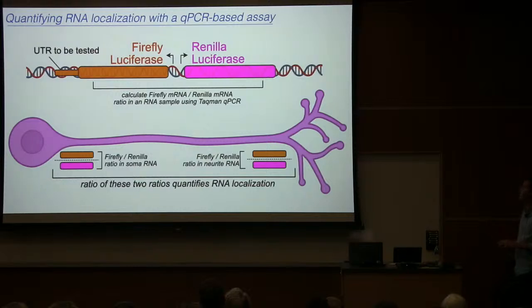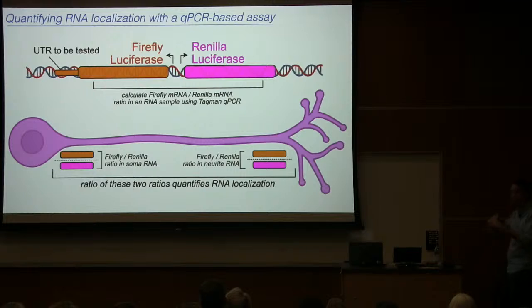So this is how we are assaying RNA localization. It's a qPCR-based assay, and we're going to use it a lot, so I'm going to spend a little time walking through it. We can site-specifically integrate with Cre recombinase a construct that looks like this, where we've got a bidirectional promoter, one side of which is driving firefly luciferase, the other side of which is driving renilla luciferase. We attach whatever UTR we want to test the RNA localization activity of to the firefly luciferase RNA.